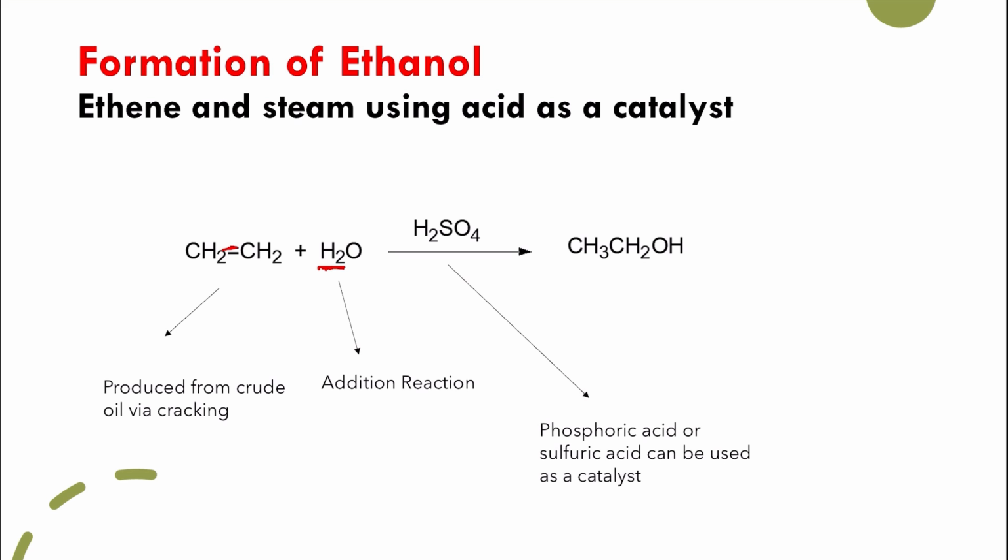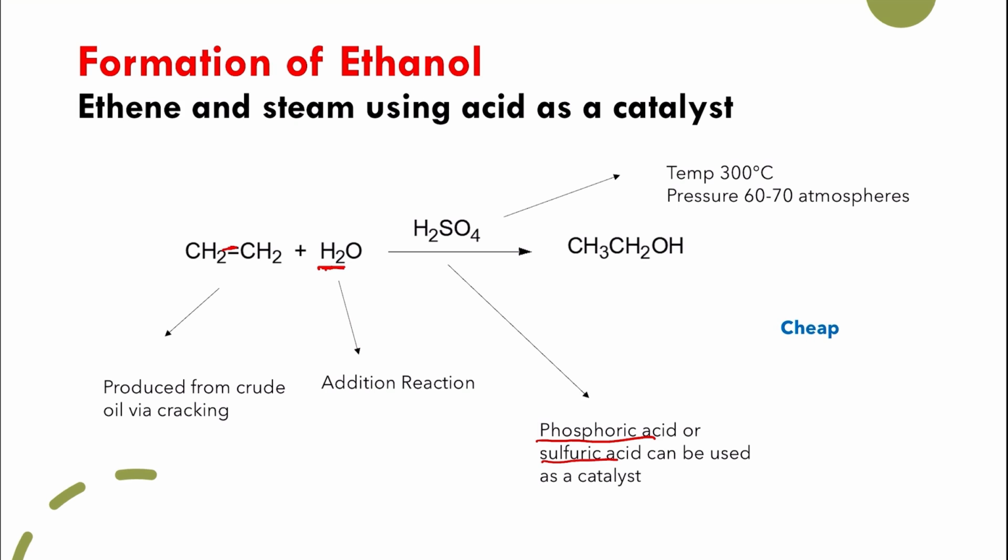The acid used, as we said, could be phosphoric acid or sulfuric acid. The reaction needs high temperature that can reach up to 300 degrees, and also we use a pressure of 60 to 70 atmospheres.